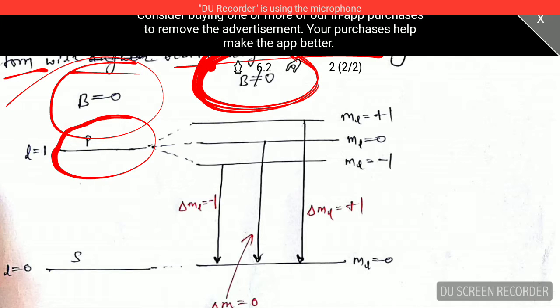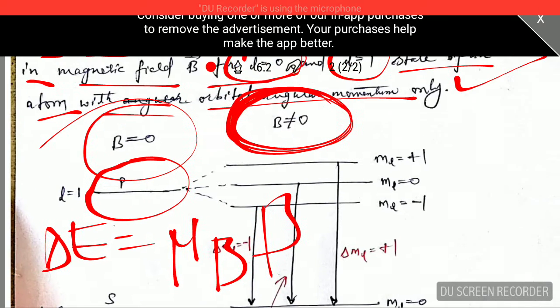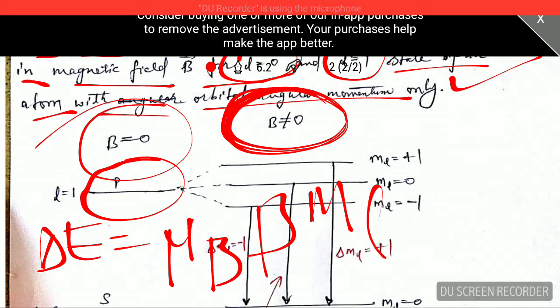That energy is, so the interaction energy E you have already seen was equal to mu_B m_l.